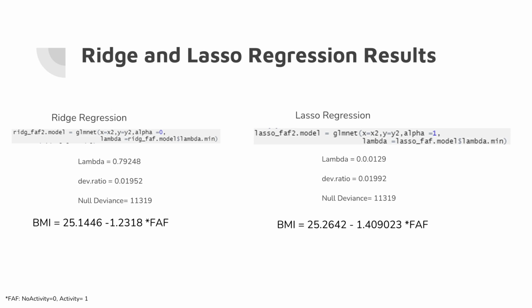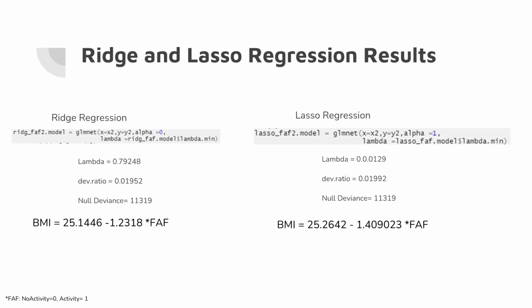Here we show the lambdas used, the deviance ratio and the null deviance. We can see that the deviance ratio is quite low, so this means that adding the beta coefficient to our model does not seem to really improve the null model. The final model with the coefficients obtained is shown at the bottom of the slide.